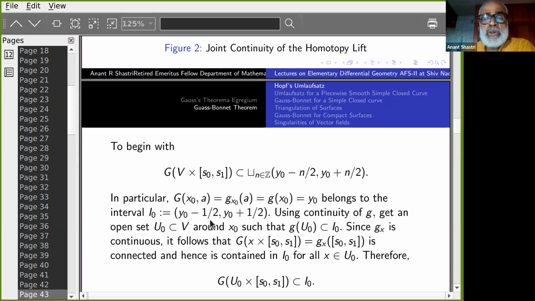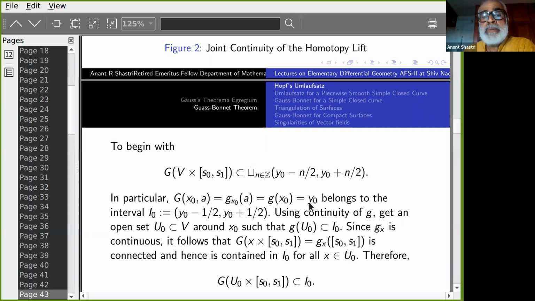You have to take Y0 minus n by 2 to Y0 plus n by 2, shift it by, say, 1, then Y0 plus 1 by 2 to Y0 plus 3 by 2. That is what it should look like. So there is an error here in notation, I will correct it. You pick up that interval to which x naught belongs.